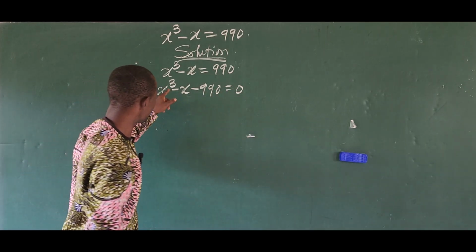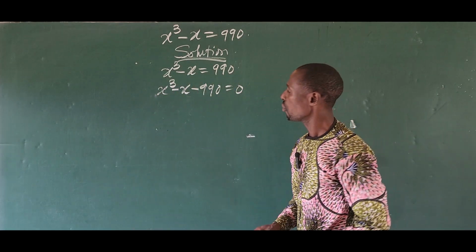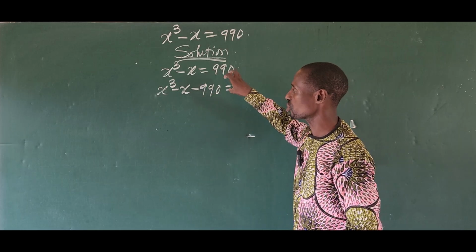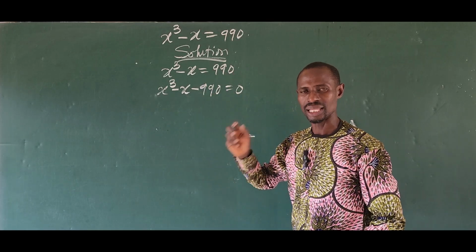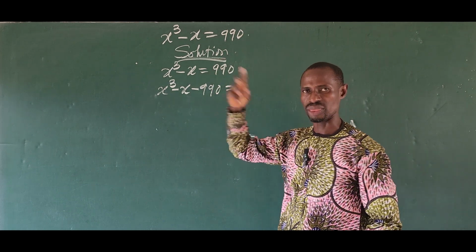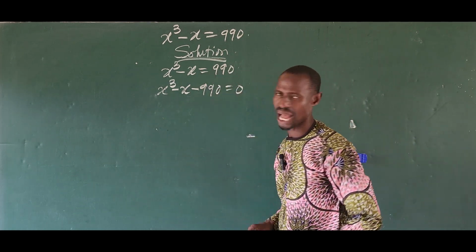Now, because we are having x to the power of 3 here, and here we're having x to the power of 1, we think of rewriting this quantity, which is 990, in such a way that we have a number raised to the power of 3, then added to another number raised to the power of 1 to still give us this back.